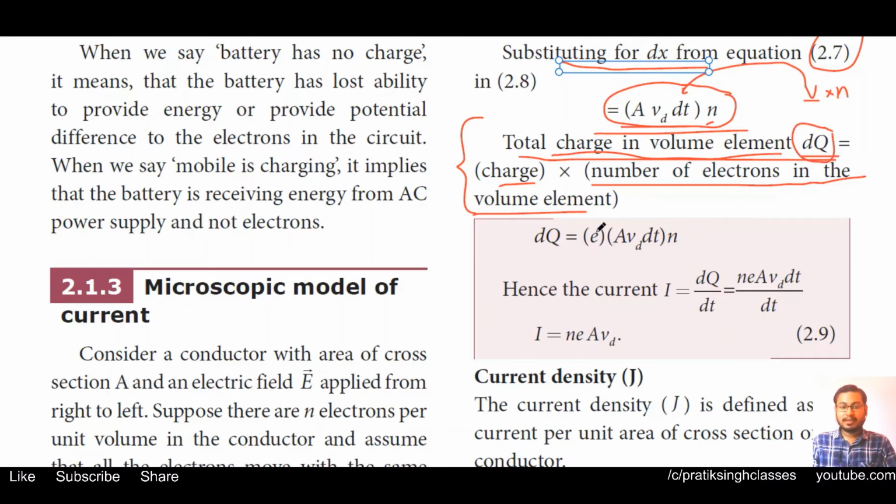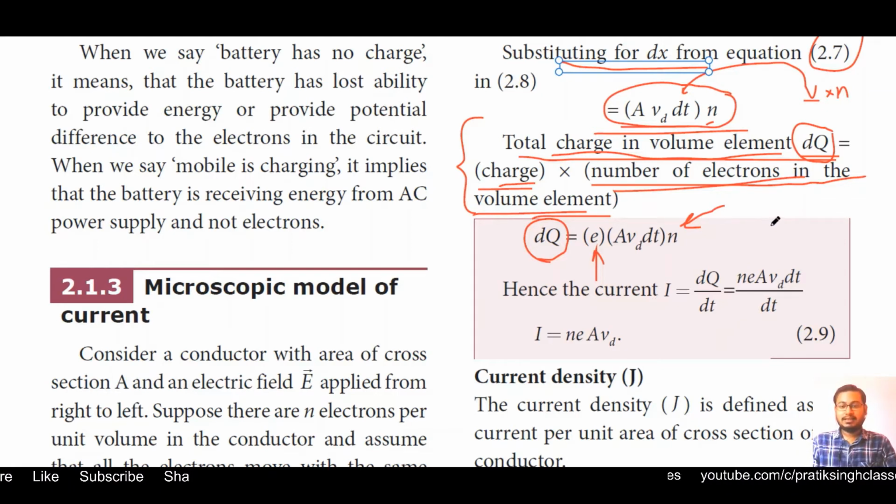It is given by charge into number of electrons in the volume element. So we can write dq is equal to E, this is the charge, into number of electrons in the volume element, that is A Vd dt into n.